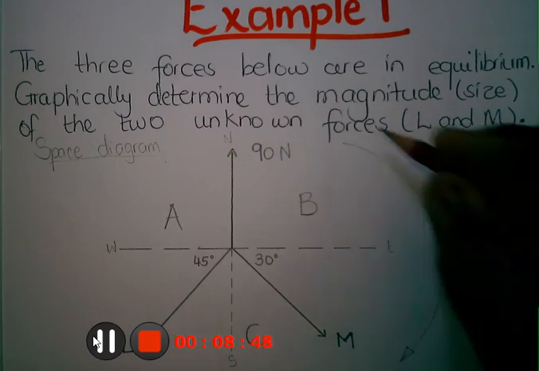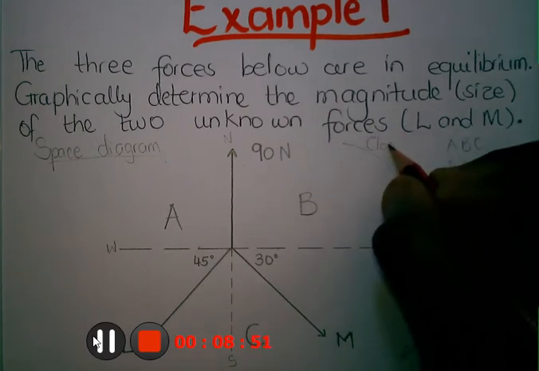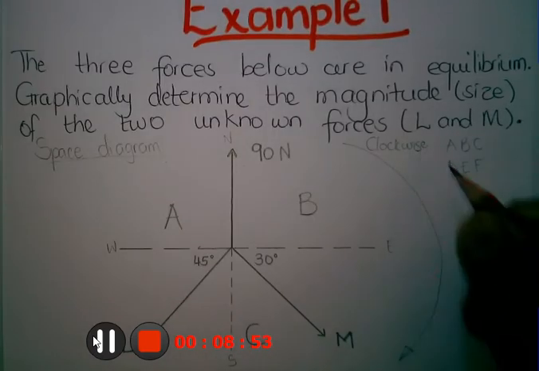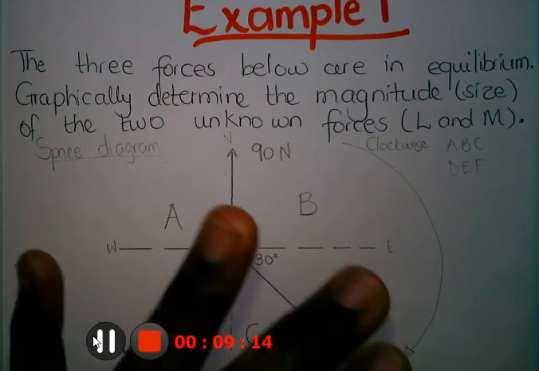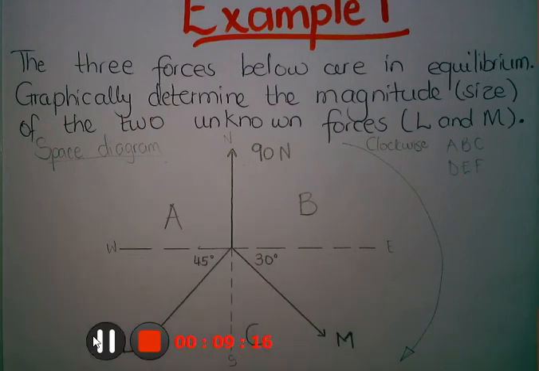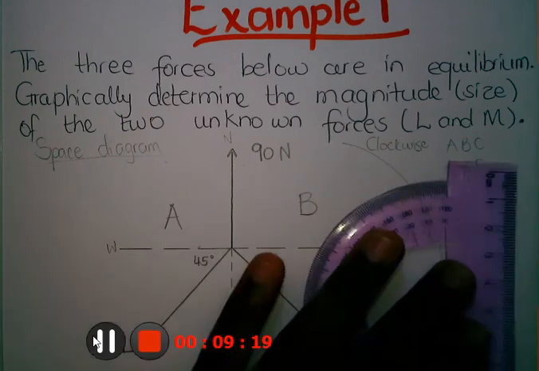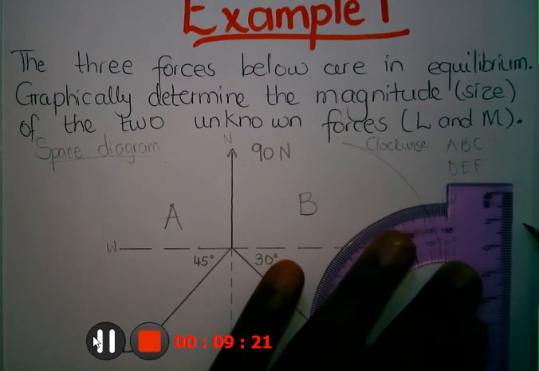Now if you are moving clockwise, we draw these forces head to tail, meaning the arrows will follow each other. Now if we are moving clockwise, we always start with the force that is known to us. This is the known force, 90.